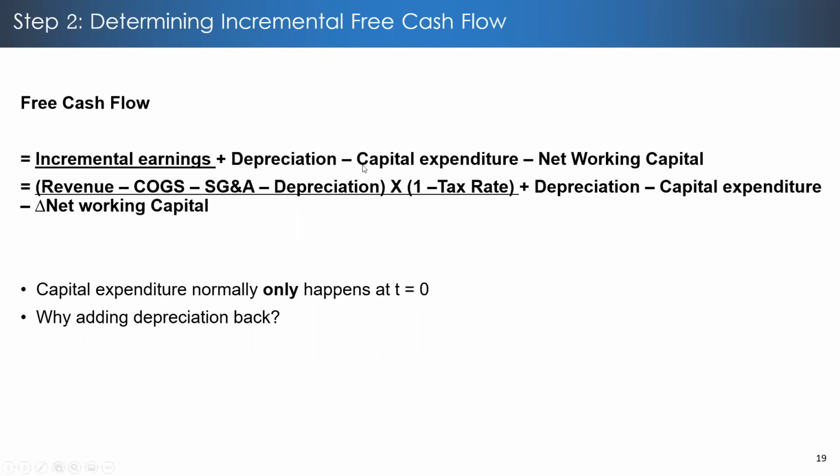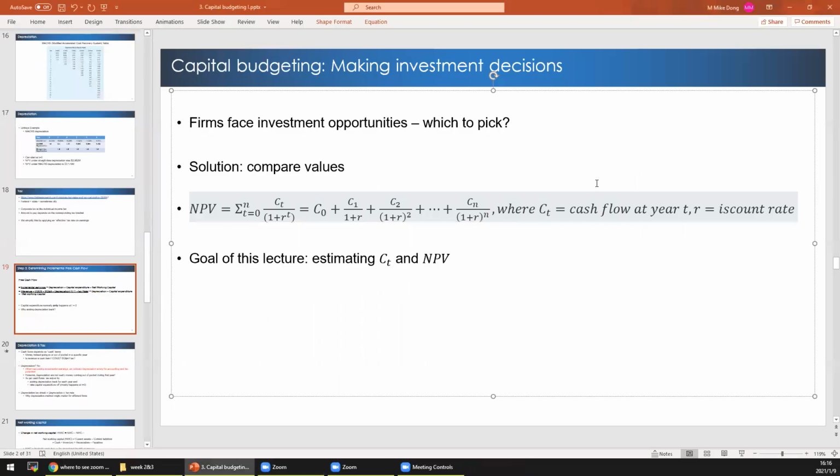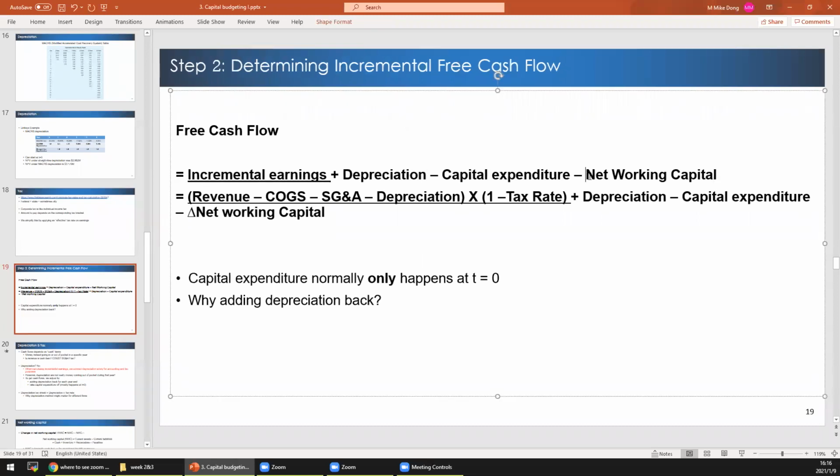We adjust for the capital expenditure, normally in the beginning year. And we subtract the change in net working capital. Here, let me add this, change in net working capital.